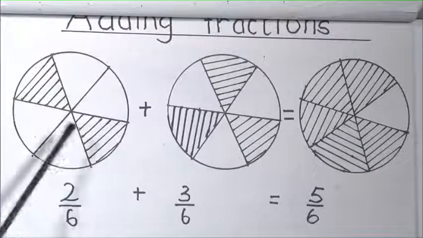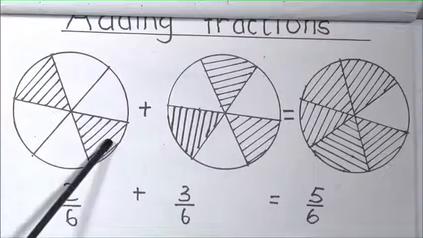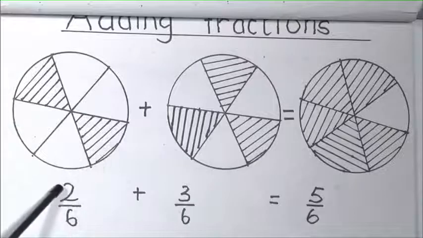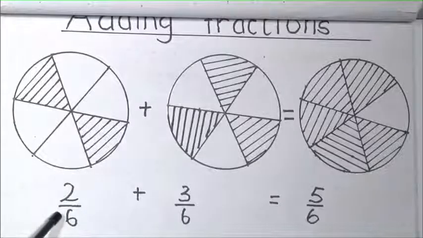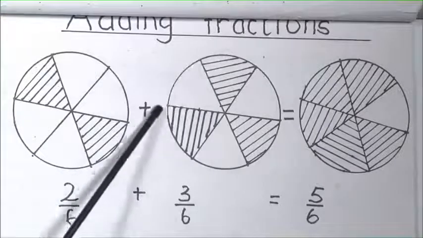How many parts have been shaded? Good. It's 2. Here it is. And here we have the 6 parts. So what fraction is this? 2/6.